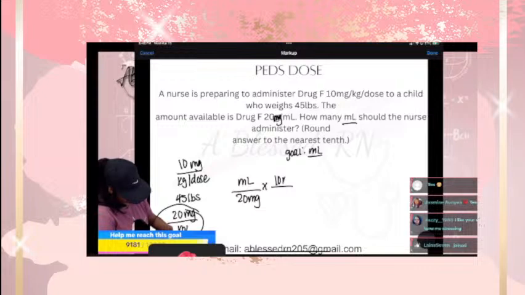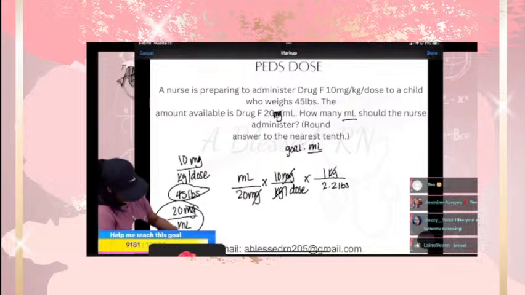So 10 milligrams per kg per dose. Milligrams crosses out. Now we've got kilograms and dose at the bottom. So we need this one, right? 1 kg is 2.2 pounds. Kgs cross out. Then we'll put our patient's weight and the pounds cross out.